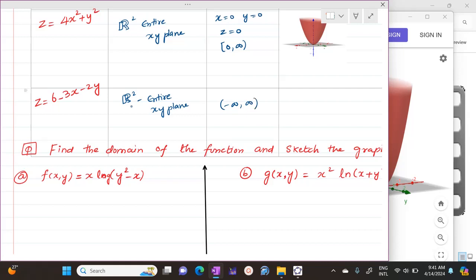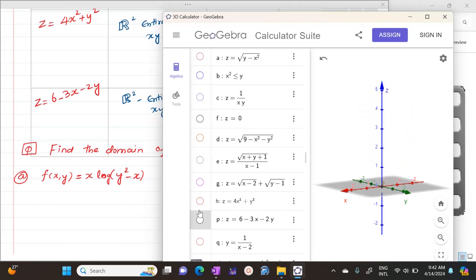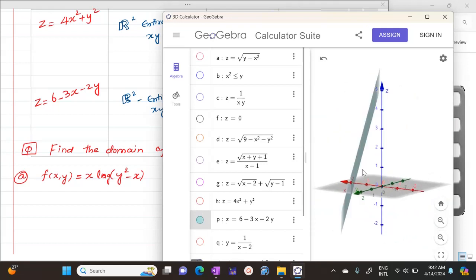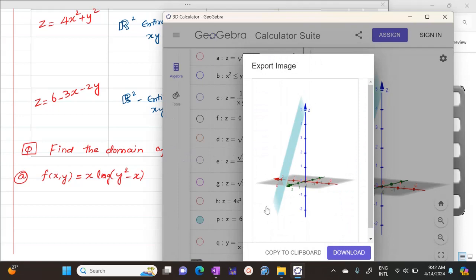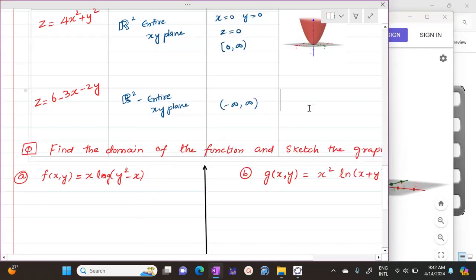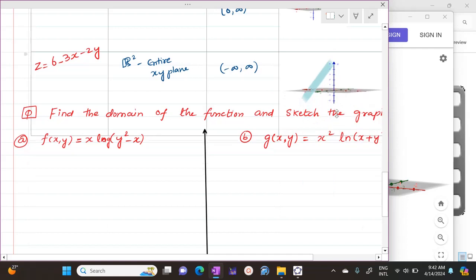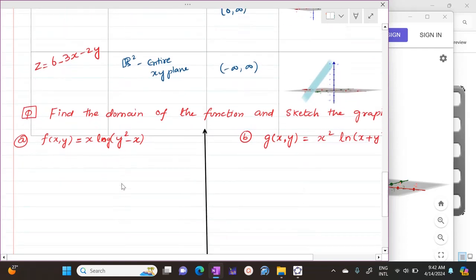So this is the domain. Now if you see the graph of this one, it's a plane which goes from the negative side to the positive side. So this is the graph, the domain and the sketch of the graph.